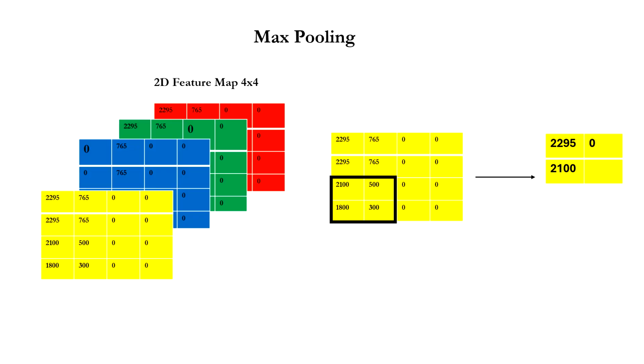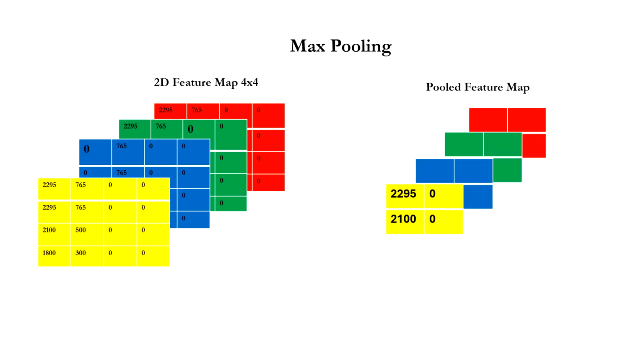You can see that that's 2100, the max. And then finally a 0. Now we just did that for that yellow feature map, but we have to do it 4 times.